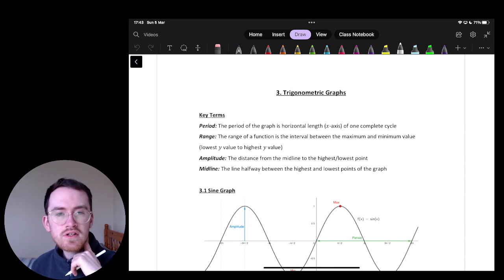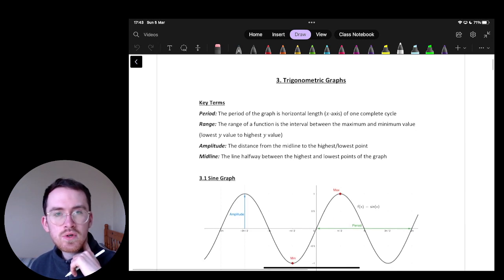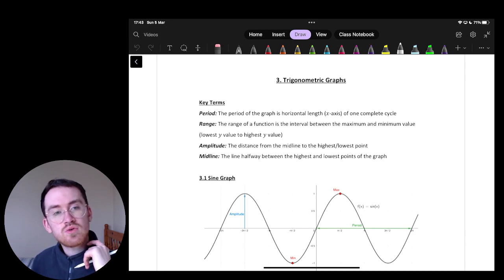So for looking at our trig graphs, there are a few keywords that we need to be aware of and be fairly familiar with. The period of the graph is the horizontal length of one complete cycle. So it's how long on the x-axis it takes for your graph to go through one complete cycle, because all of our trig graphs follow a cyclical pattern.